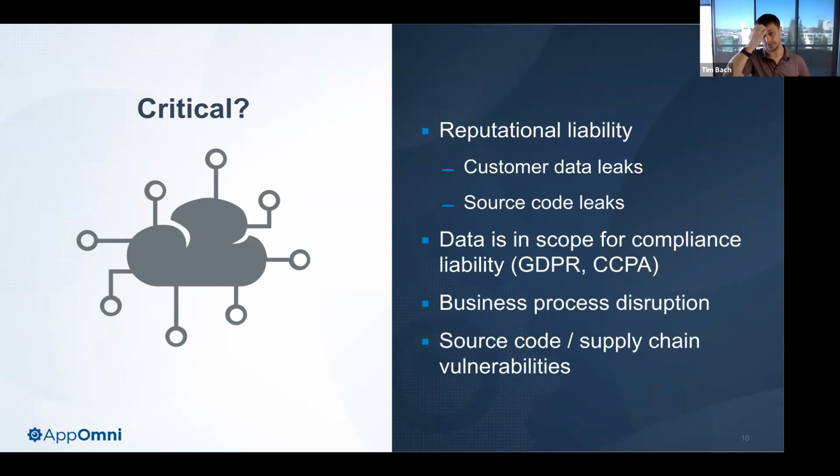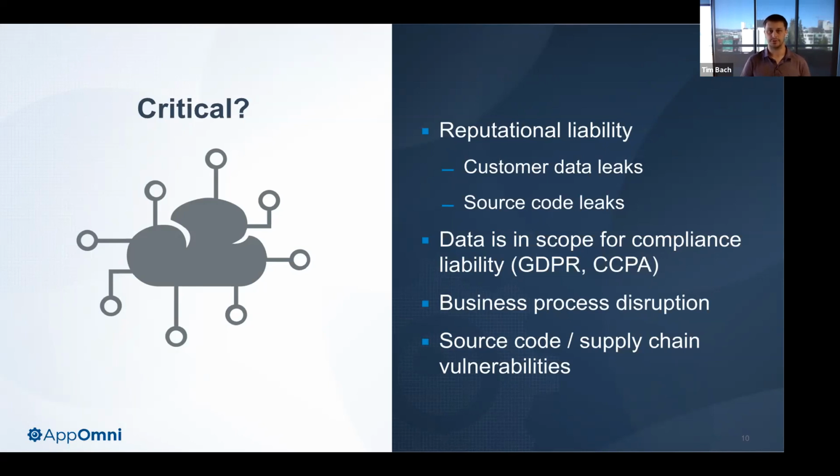And even if we're not super concerned about that, for those enterprises subject to compliance regulations like GDPR or CCPA, most of the data in these systems has a high probability of being in scope for those compliance frameworks, which means a misconfigured SaaS cloud that is overly permissive with that data is going to cause GDPR or CCPA liability.